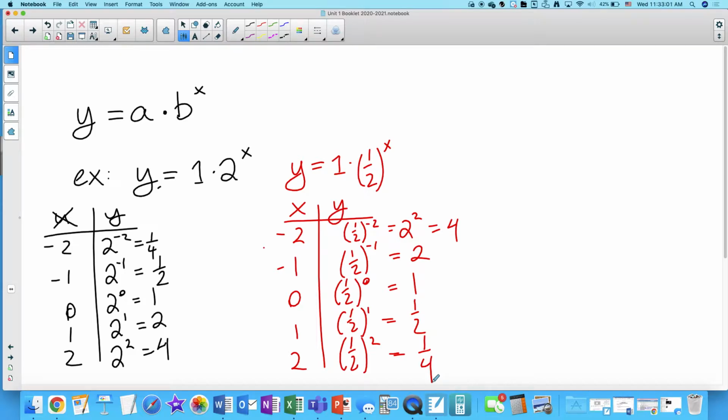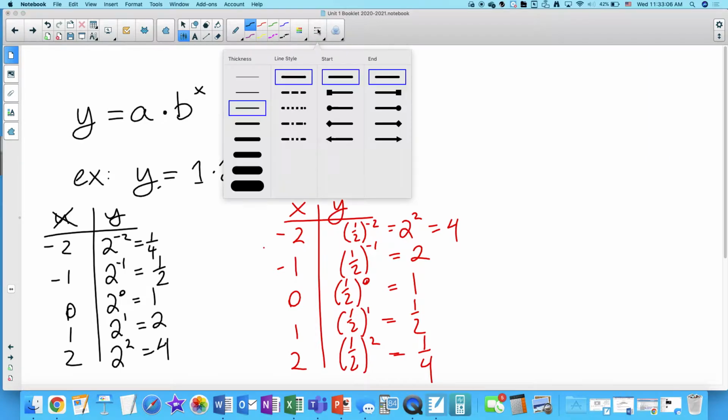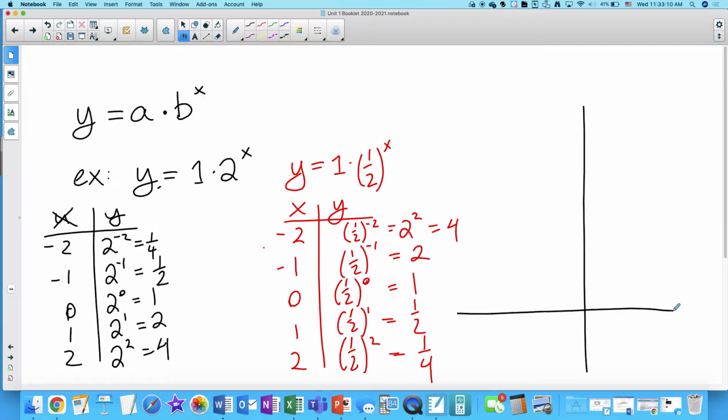What ends up happening when we compare these two graphs is they are quite related. You can probably see from the table of values that the y values swap. When x is negative here, it's the opposite. 4 is the y value for when x is 2 here.